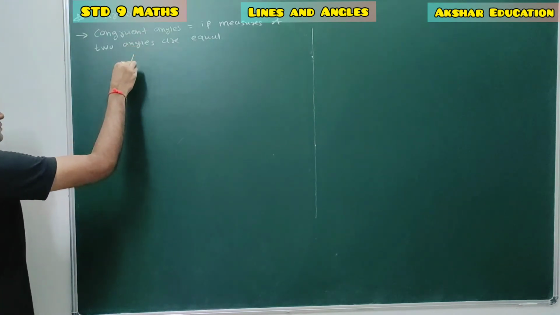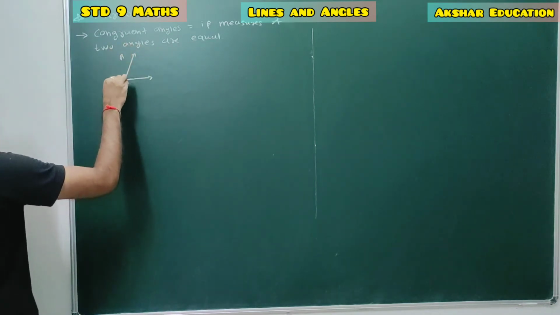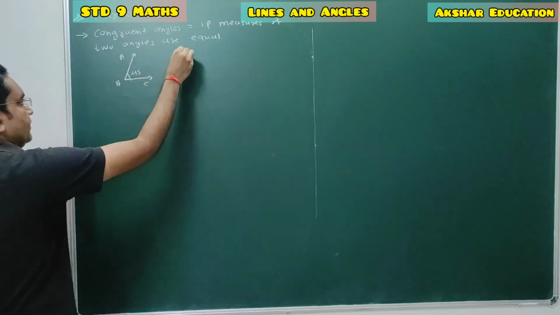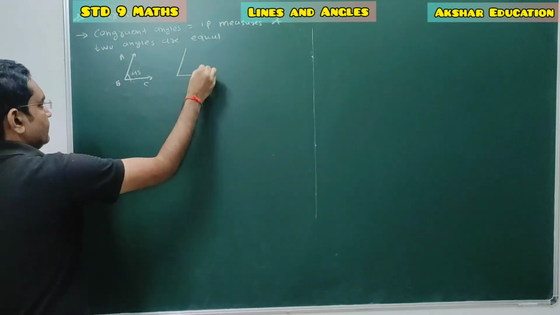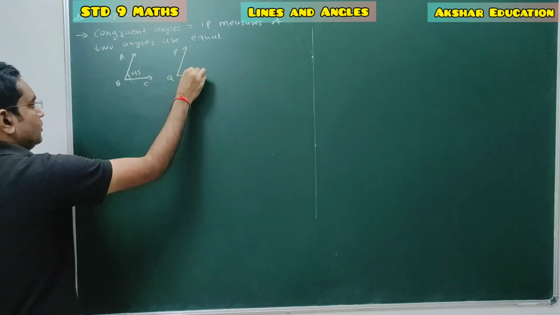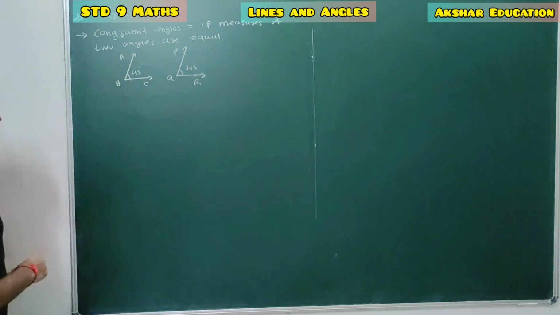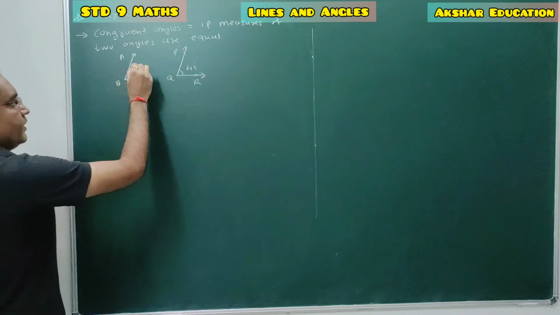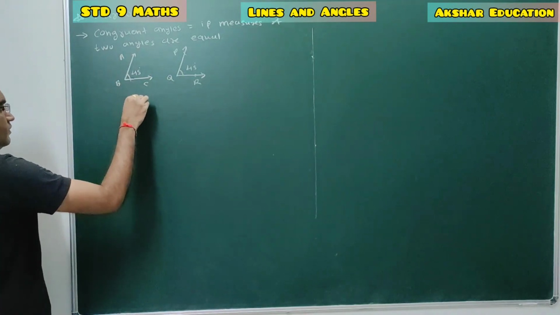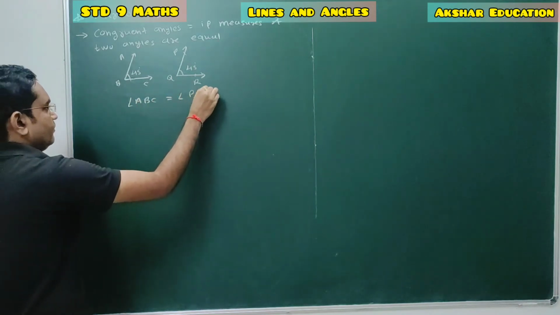For example, suppose we are given two angles, angle ABC, whose measure is 45 degrees, and one more angle, angle PQR, whose measure is also 45 degrees. So here the measure of angle ABC is equal to the measure of angle PQR.